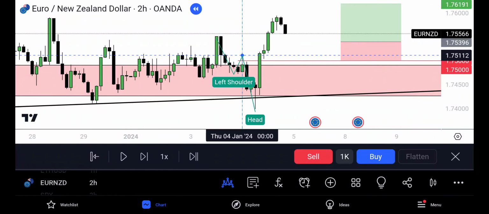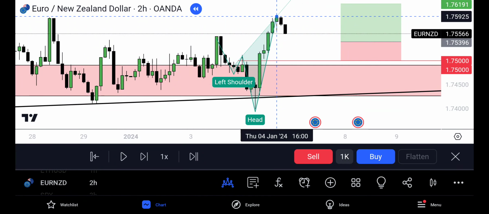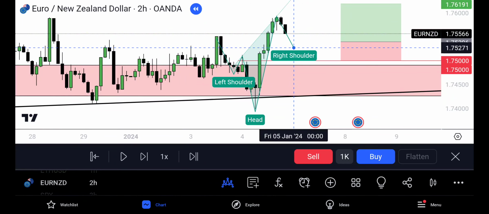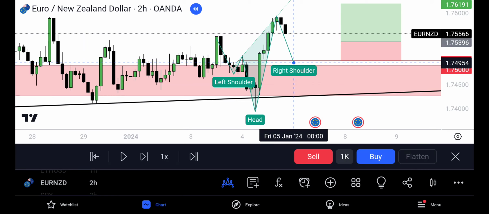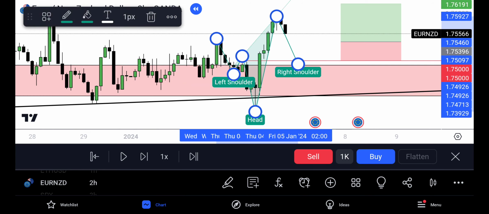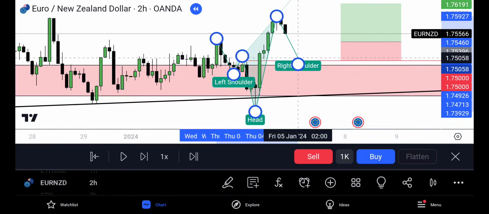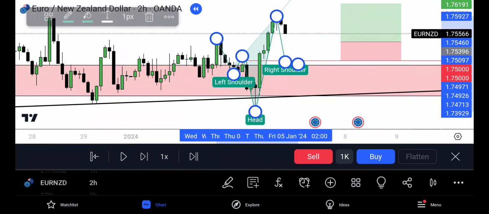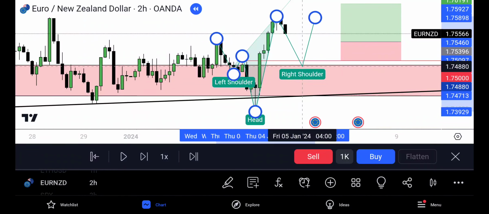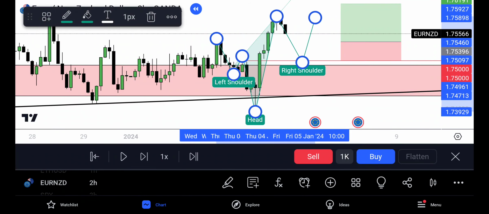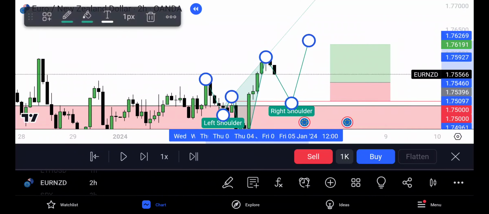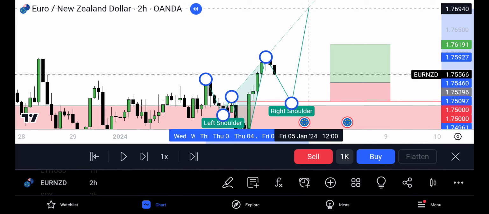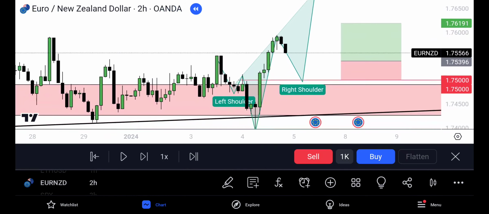So this is the neckline. You can see it broke the neckline, and now what are we expecting? We're expecting a retracement back to this point here for what we call the right shoulder. And the moment we see the right shoulder, we'll start aiming. The moment you see the right shoulder around this level here, we'll start looking for our buy positions to the upside, right? It's as simple as it gets.